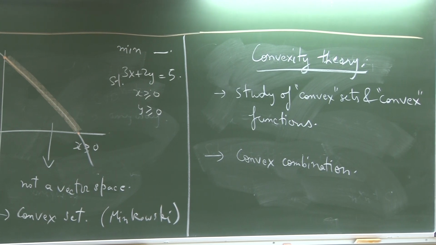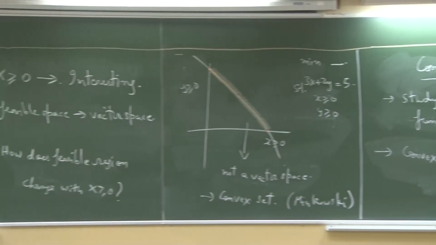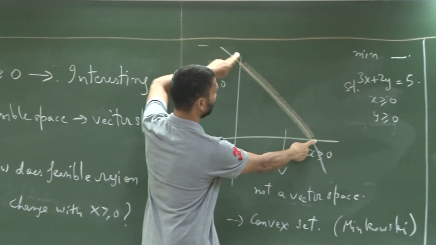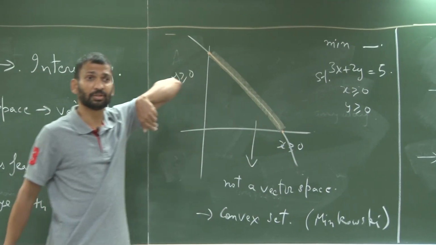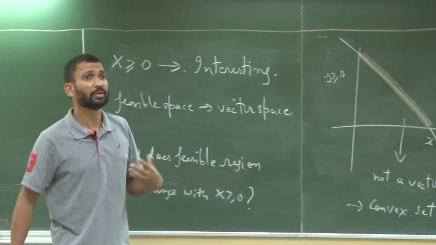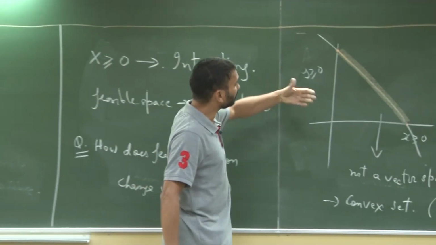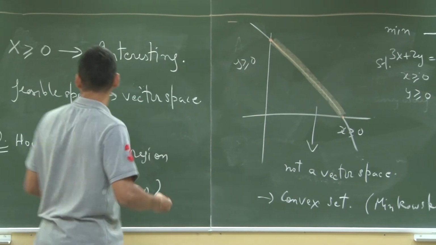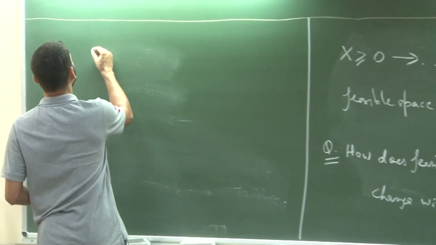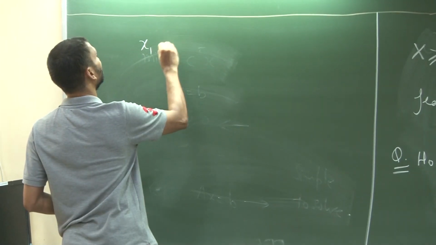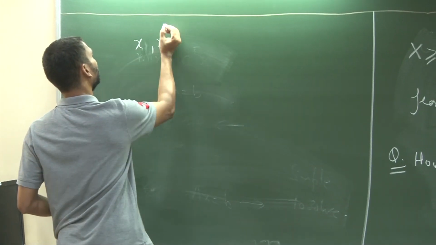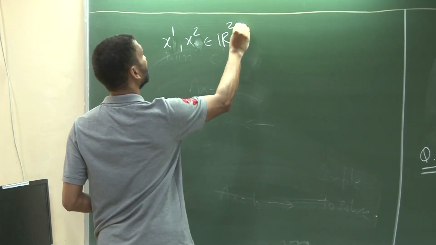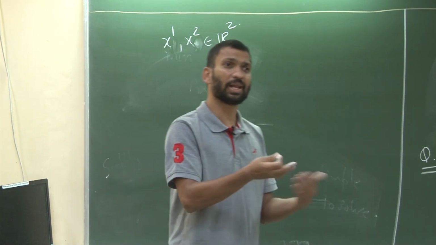And again, the idea is to describe this line segment instead of this line, right? So in a plane, if you are given vectors, let's say x1, x2, these are two vectors in R square, what is the line passing through it?